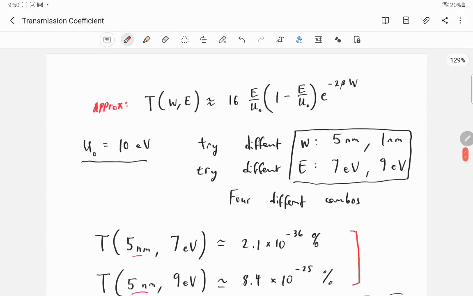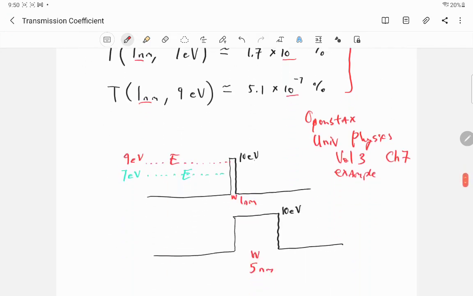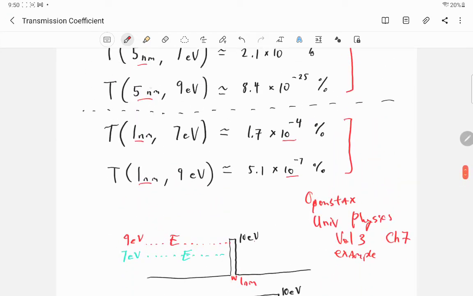That is, a really small change in barrier width leads to a crazy diminishment or increase in transmission. And it's really over the difference of 1 and 5 nanometers in this particular example.